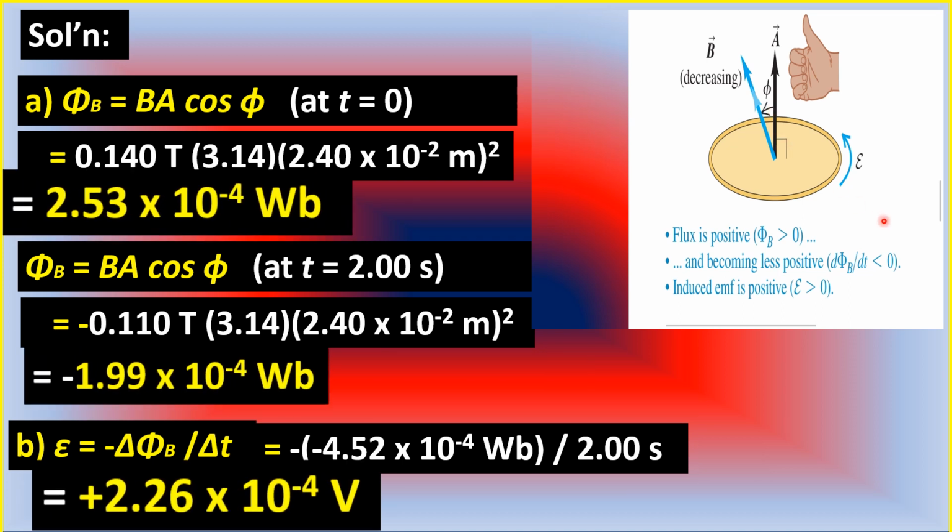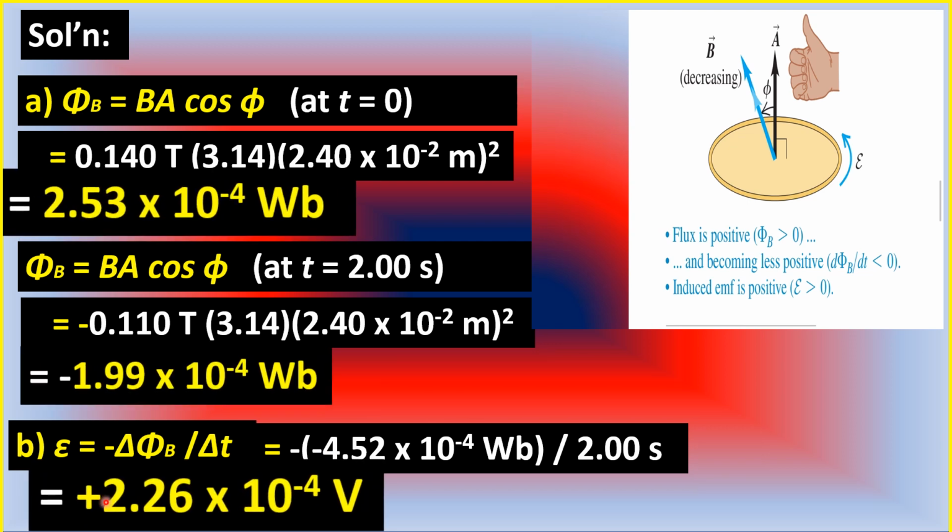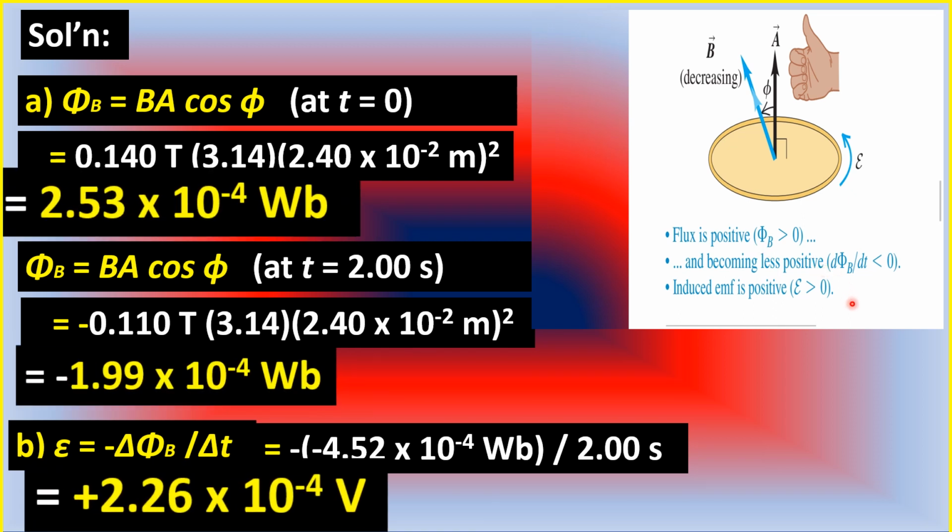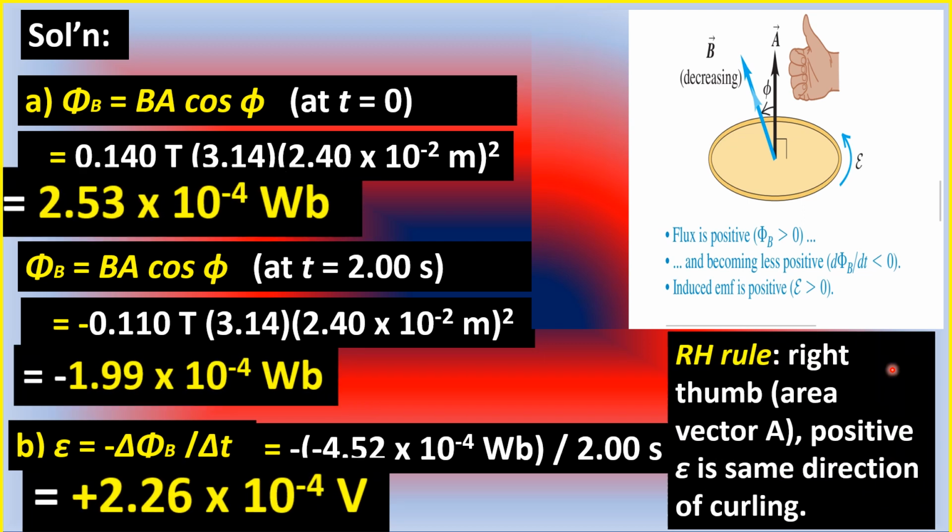Now, supposing we don't know yet the direction of the induced EMF, we make use of a convention in determining that direction. We call it the right-hand rule.